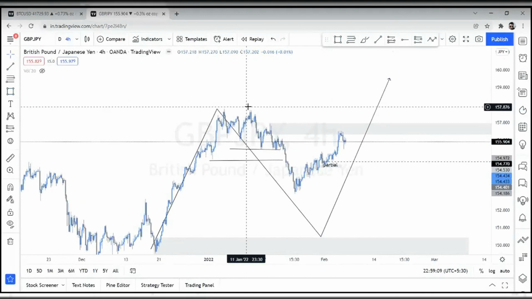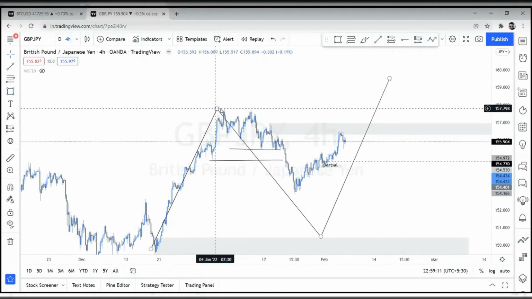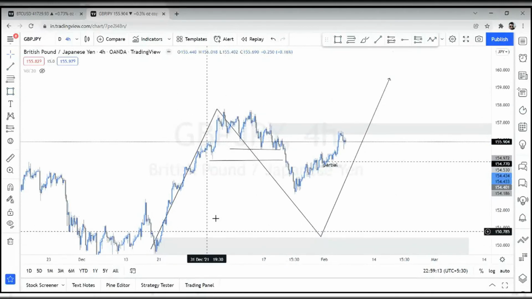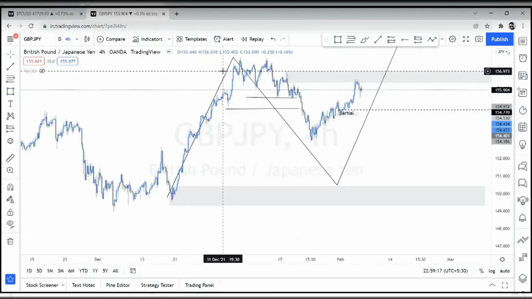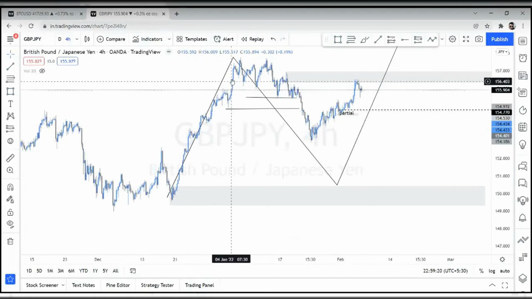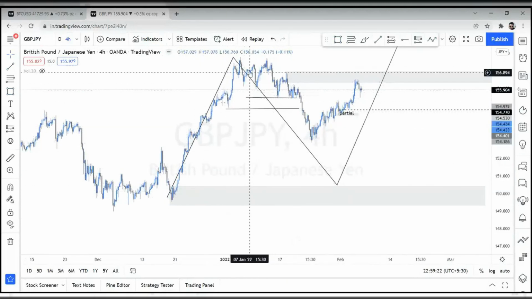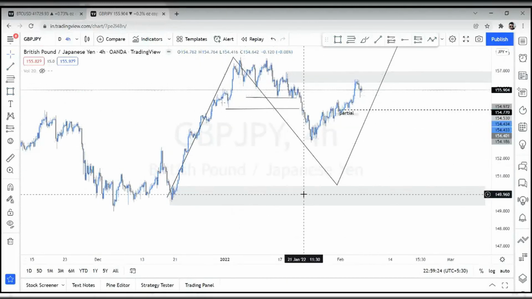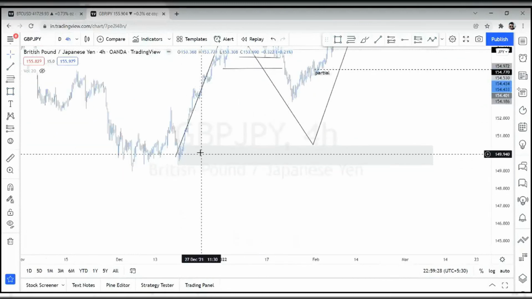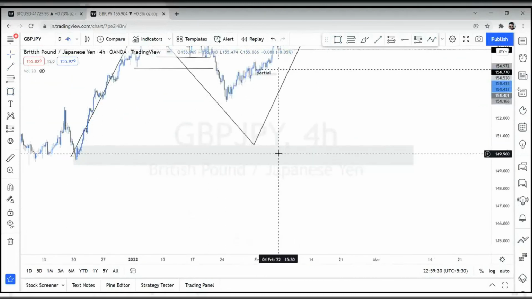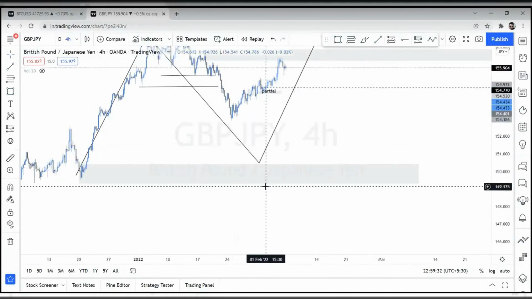Liquidity means target. This will be our protected low, which the institution wants to protect. They do not want to push the price lower from here, because if they do, that means they are no longer interested in protecting this area. That means even if price breaks here and comes up here, they are likely to go lower.